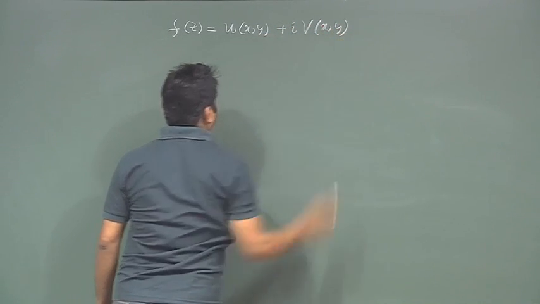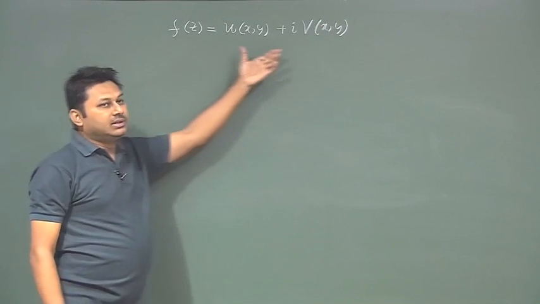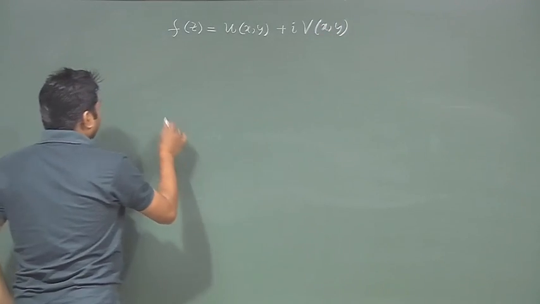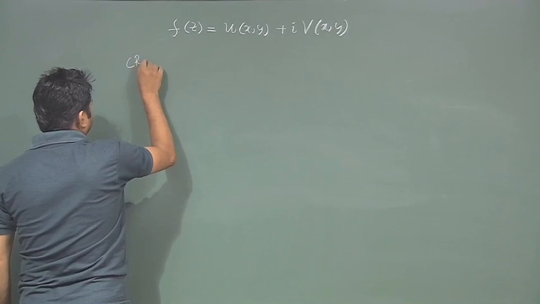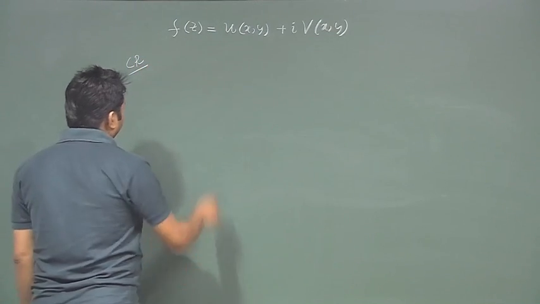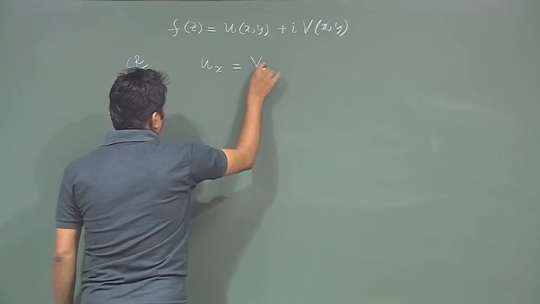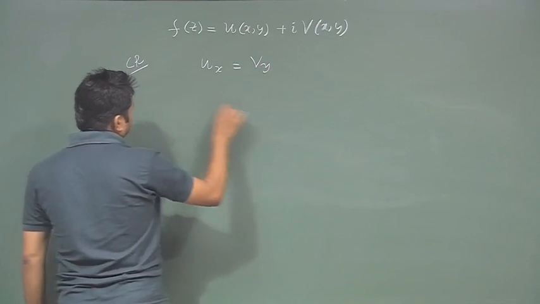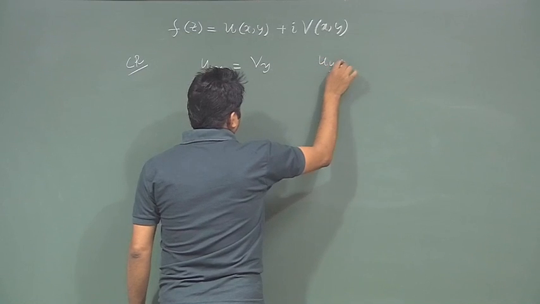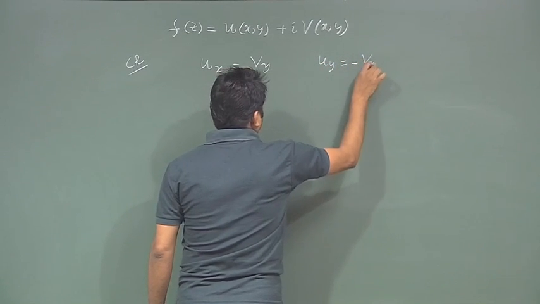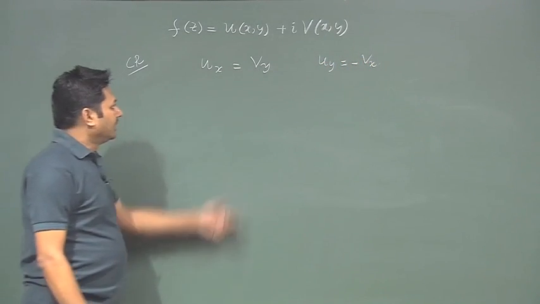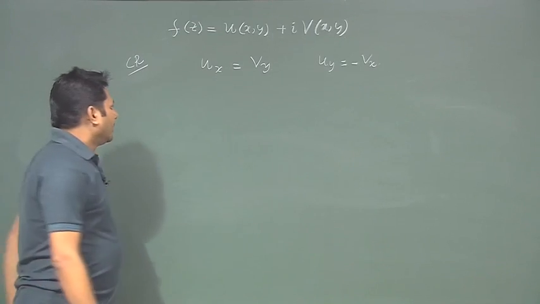This is the standard form of a function. In this way I can write, and the CR equation suggests that u_x is equal to v_y and u_y is equal to minus v_x.